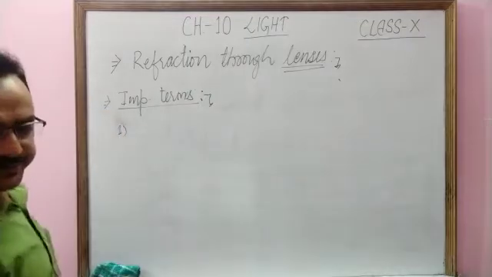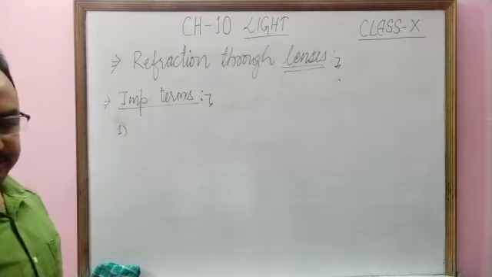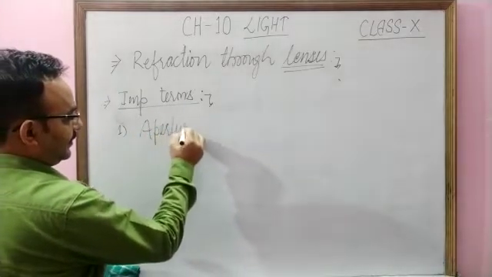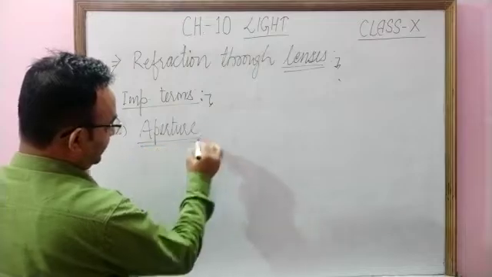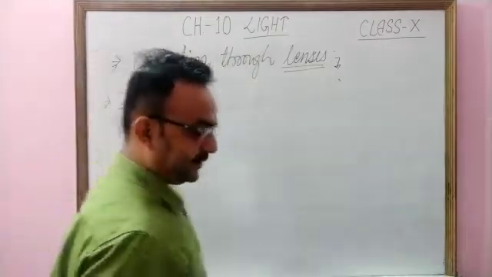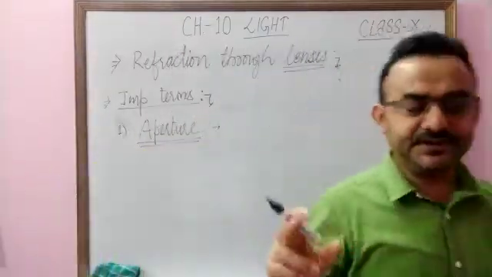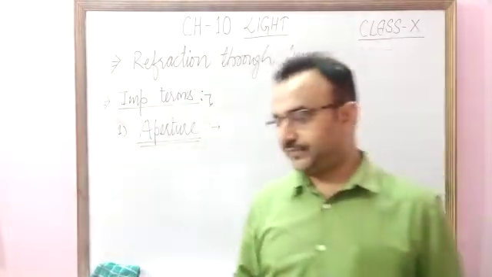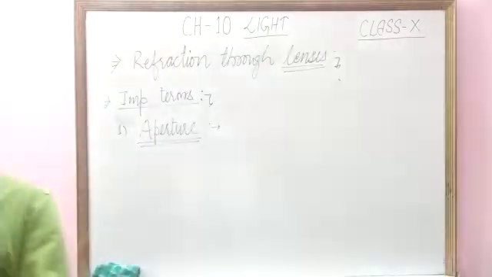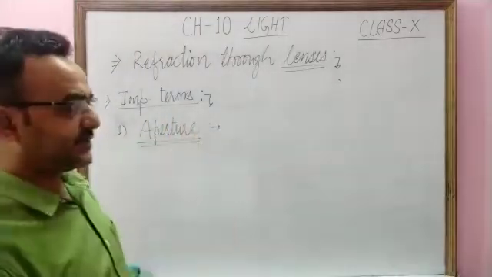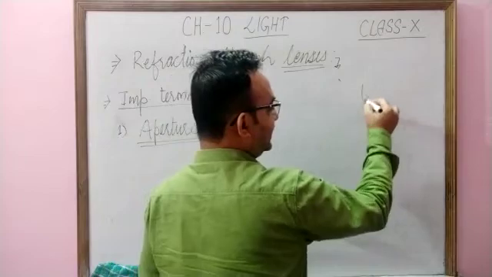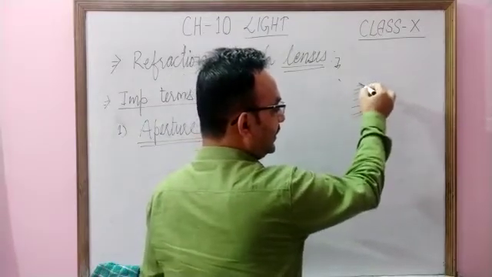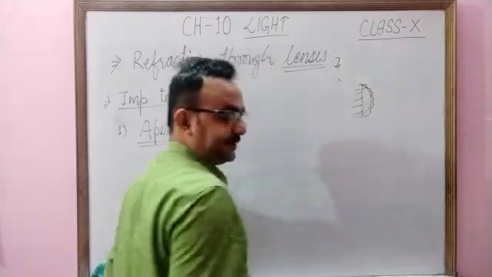First one is aperture. If you remember, we have studied aperture in case of mirrors also. In case of mirror, the aperture was simply the area which can reflect the ray of light.